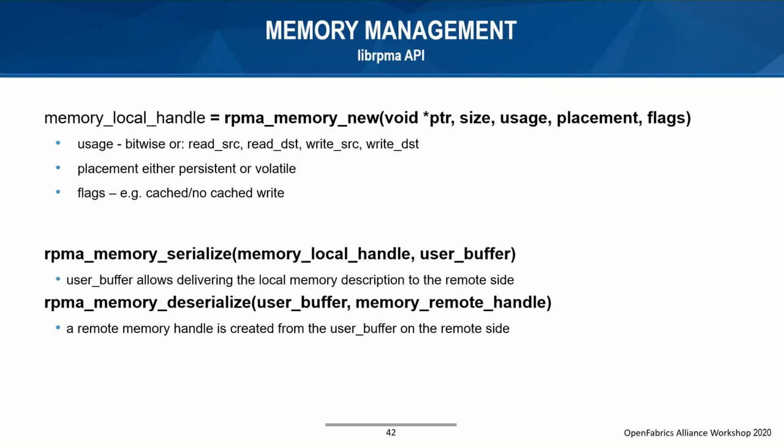And that's all. We do not touch it. We just use this memory as it is registered by the application. So finally, we will also have some API to support serialization and deserialization of this so-called memory handle, to help the application pass these handles between two peers. Next slide, please.